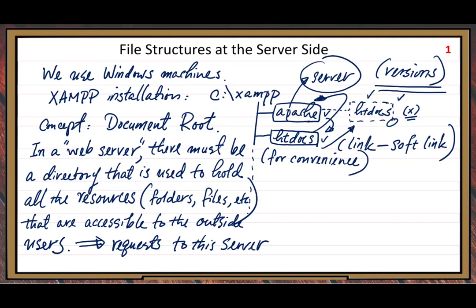That's the general procedure. When the server sends business data back, that means those users can access the business data, so we make certain resources accessible by the outside users.